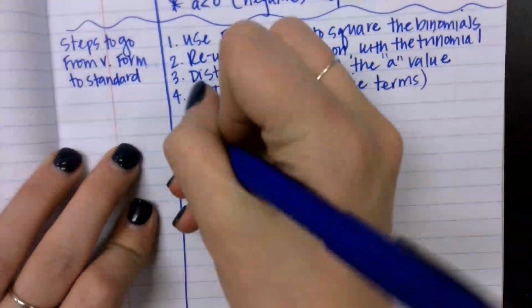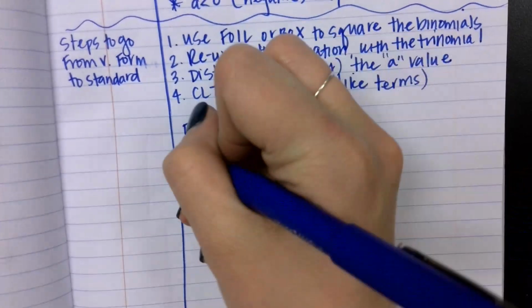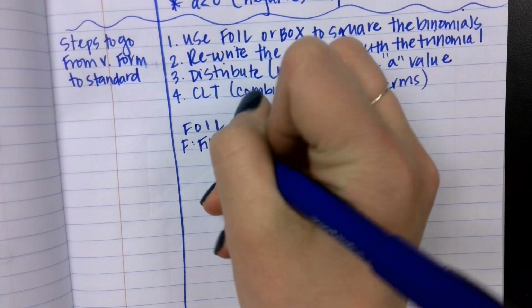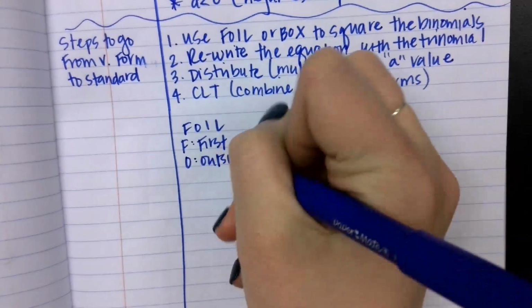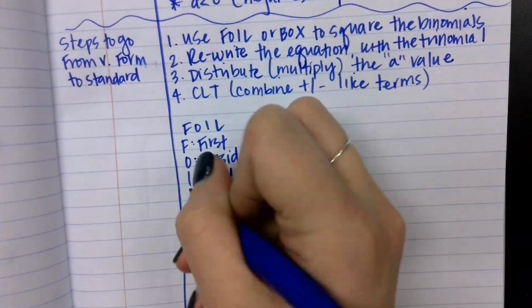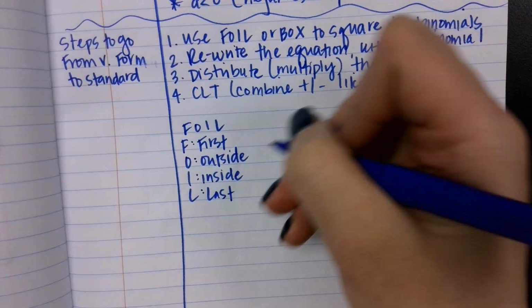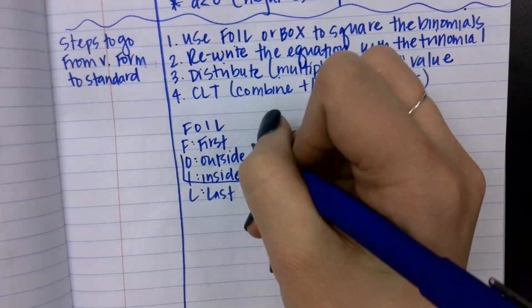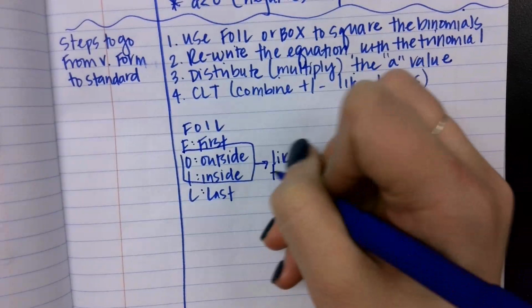As a refresher, FOIL: F stands for first, O stands for outside, I stands for inside, and L stands for last. Your O and your I are going to be like terms.